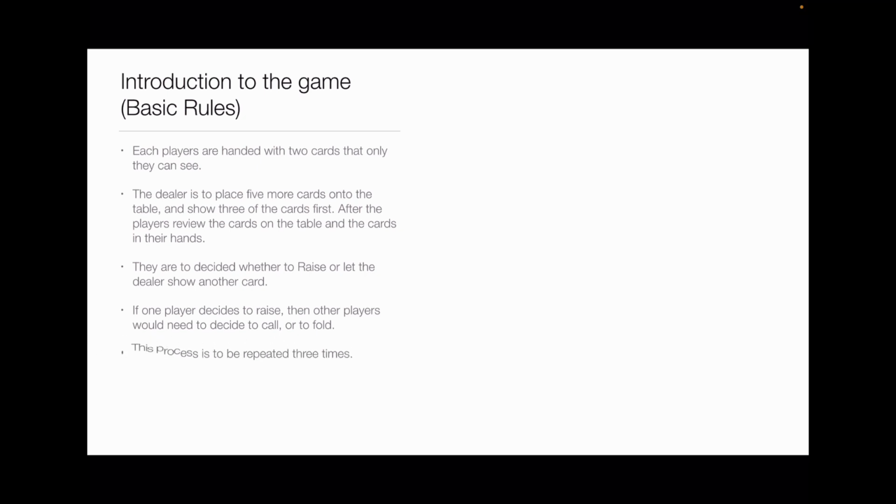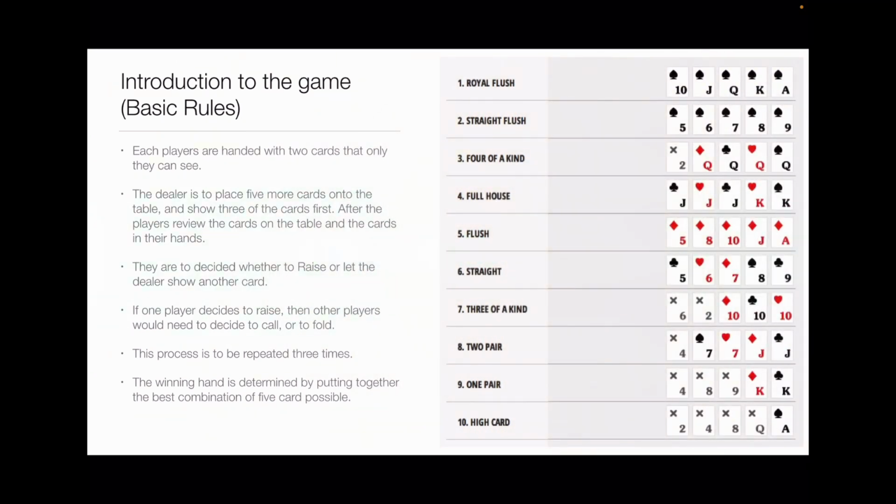And this process is to be repeated 3 times in one game. The winning hand is determined by putting together the best combination of 5 cards possible with the cards in your hand and on the table. This table beside will show the ranking of the card values.